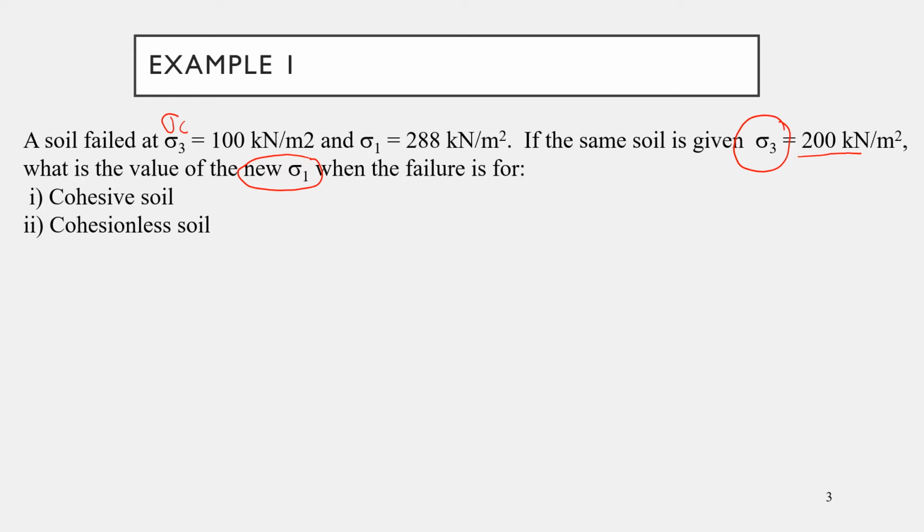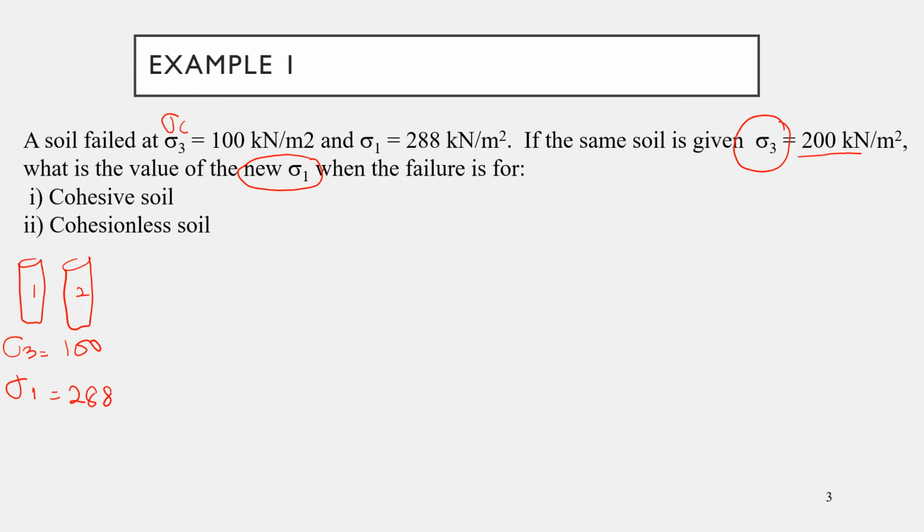First of all, you need to understand the situation here. You actually have two samples, sample number 1 and sample number 2. For sample number 1, sigma 3 is equal to 100 kPa, while sigma 1 is equal to 288 kPa.